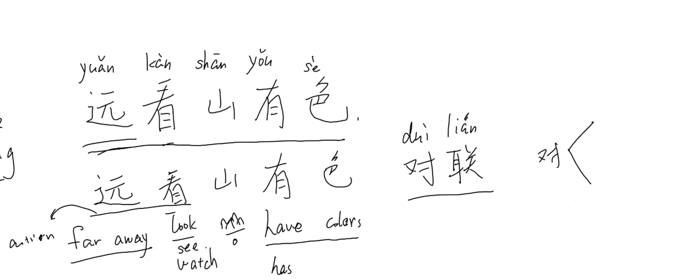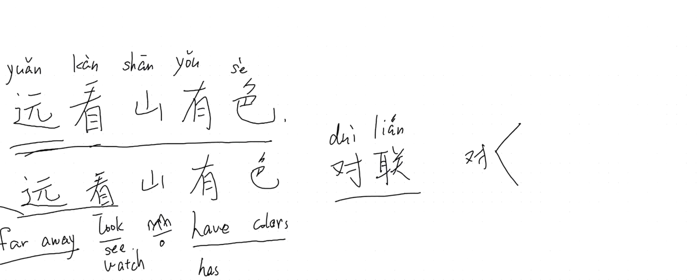Yes, you're close. 对 has two meanings. One is right or correct. The other is opposite. Here it uses the second meaning, being opposite.